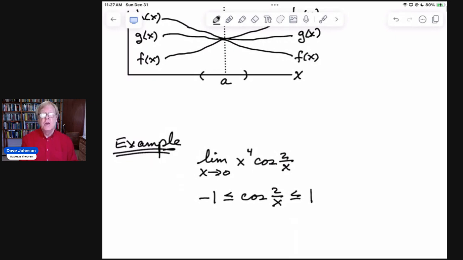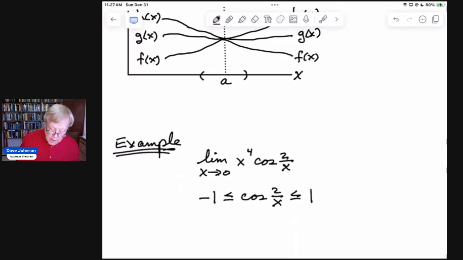The range of the cosine function is -1 to 1. So no matter what the argument of cosine is, in this case 2 over x, no matter what that value is, the cosine of 2 over x has to be between -1 and 1.